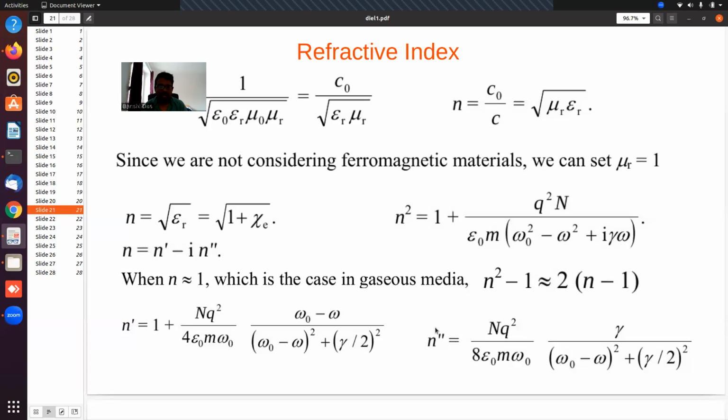This real part, the dispersion part, has no peak; at this resonance frequency it changes its sign. So that's how they are connected with the absorption and dispersion.